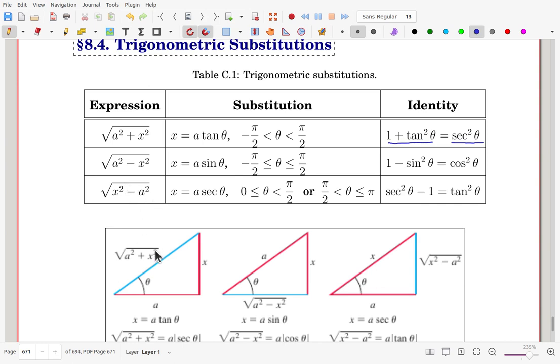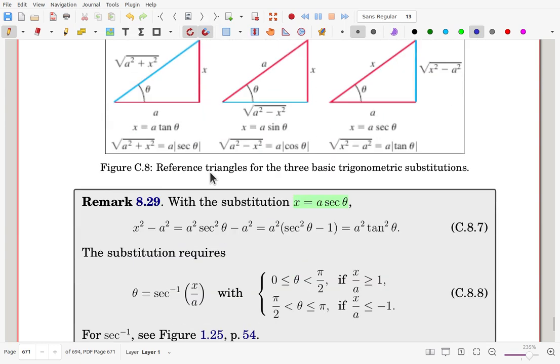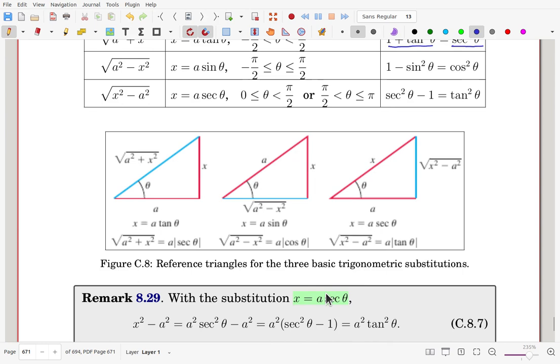And when we try to reverse the substitution, then here we have to use these reference triangles. Okay, we'll see practically the problems.